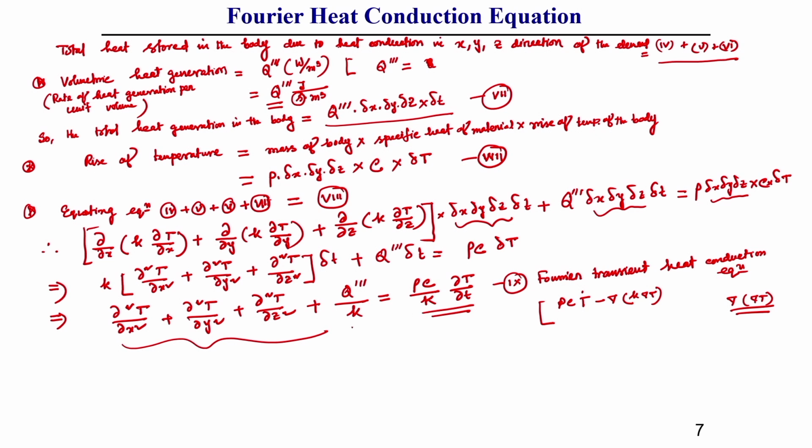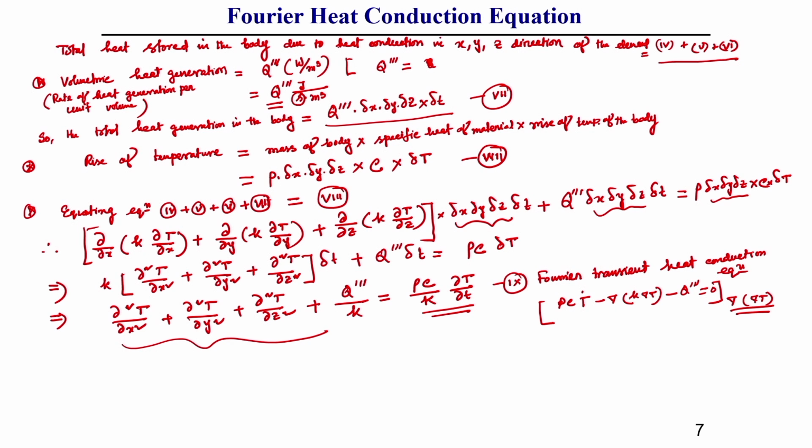So, that is why I have written like this, minus another term q triple dot, that is watt per meter cube, heat generation rate per unit volume, equal to 0. This equation I have already shown in the second or third slide. So, this derivation part now I am representing in detail.